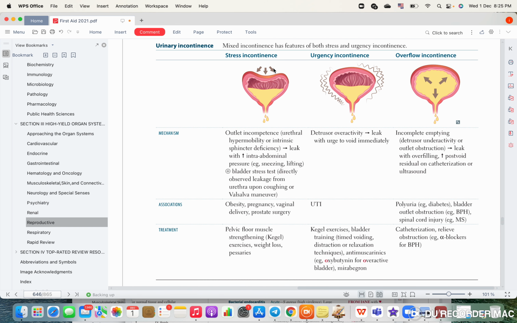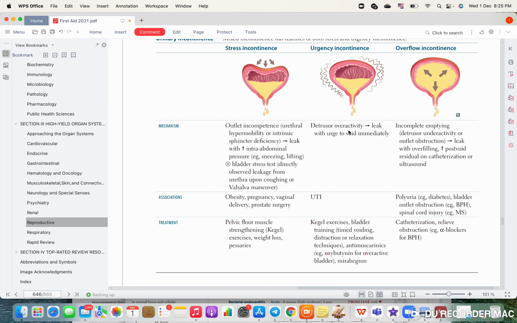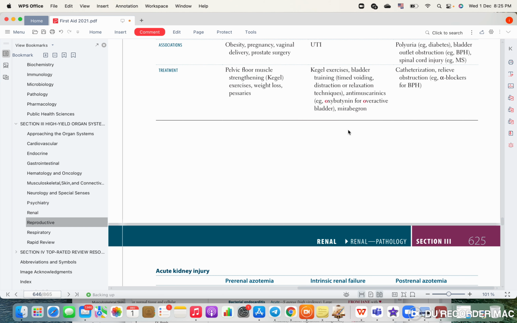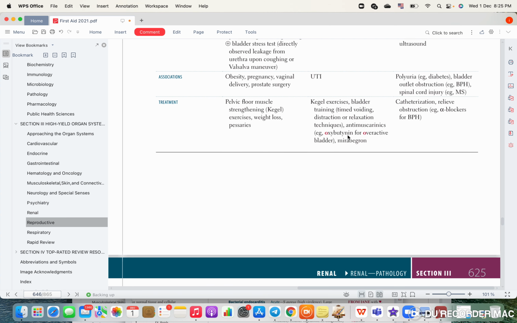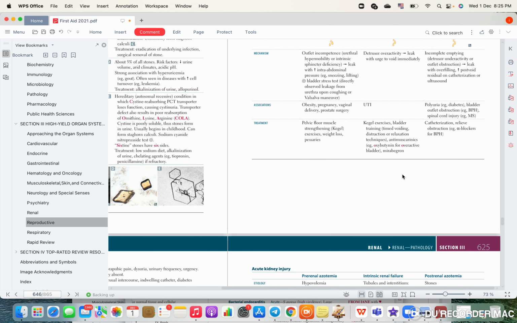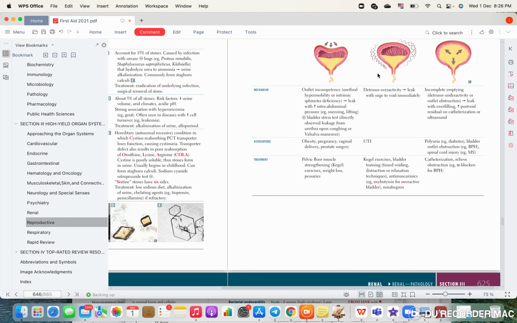Okay, let's speak about stress incontinence. So stress incontinence, these patients have urination because of what is pathological? Is it the sphincter or the detrusor muscle in case of stress incontinence? It is the sphincter, correct. So how can you improve their situation? Kegel exercise.